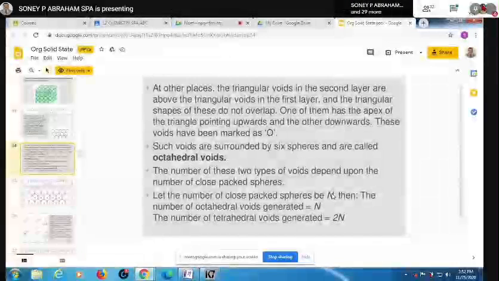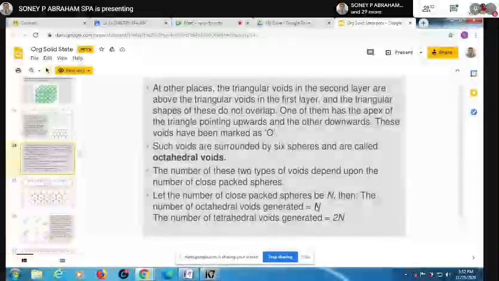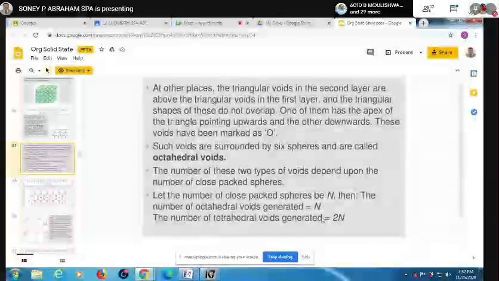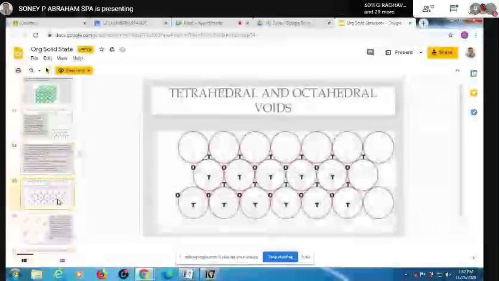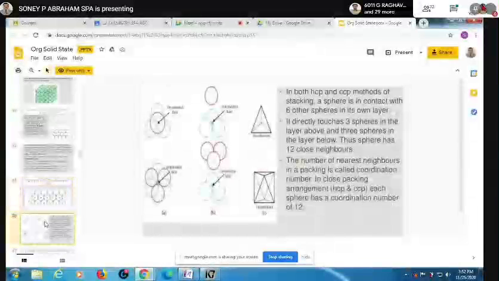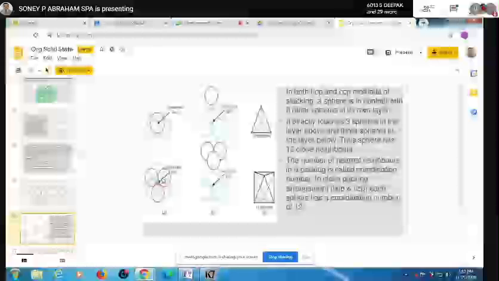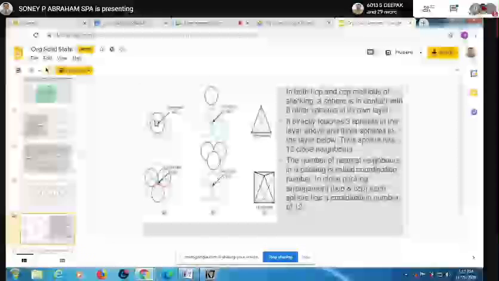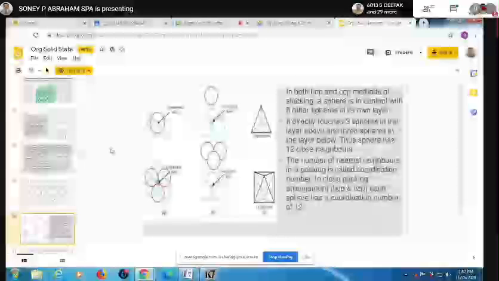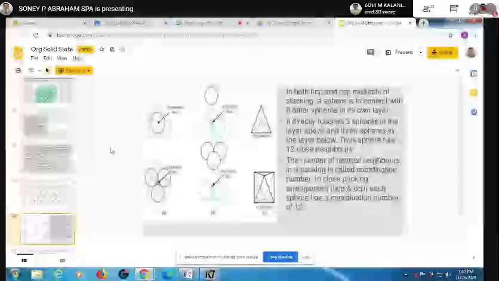If n is the number of atoms, then octahedral voids will be n, and 2n will be the number of tetrahedral voids. This is the structure of a tetrahedral void as well as the octahedral void formed. 6 spheres will be surrounding the octahedral void, and 4 spheres will be surrounding the tetrahedral void.